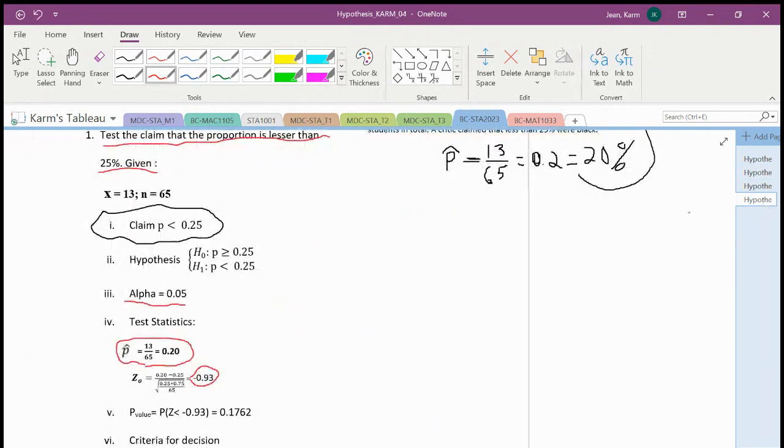Okay, so let's go back here. Again, this is the formula we use. Z sub 0 is equal to P hat.